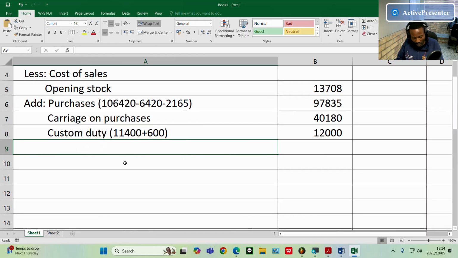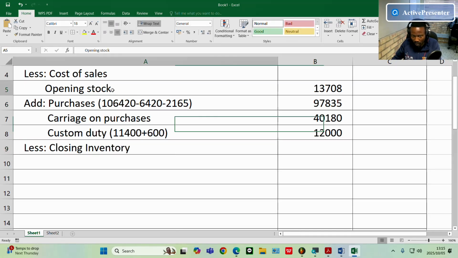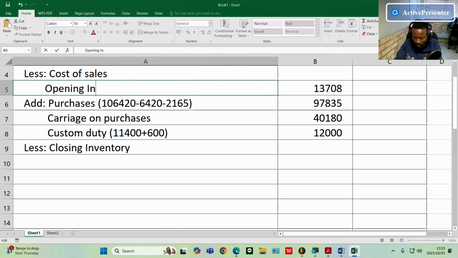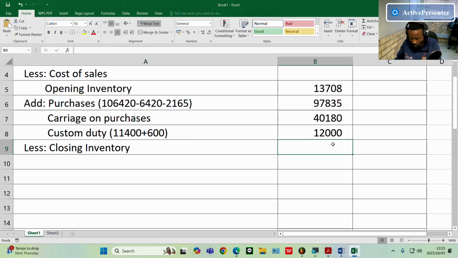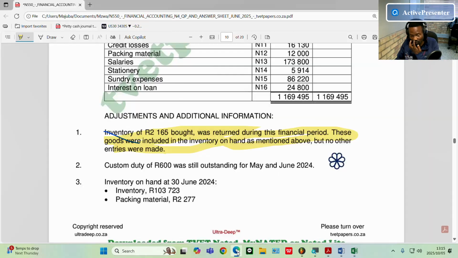Okay. So now I need to less my closing stock, or closing inventory. Let me just change my terminology, because I'm still using the old terminology. So it's opening inventory and closing inventory. With closing inventory, obviously we're going to find it.